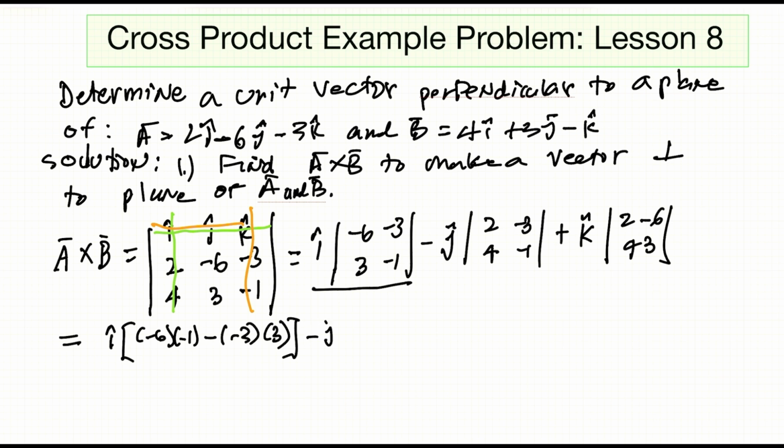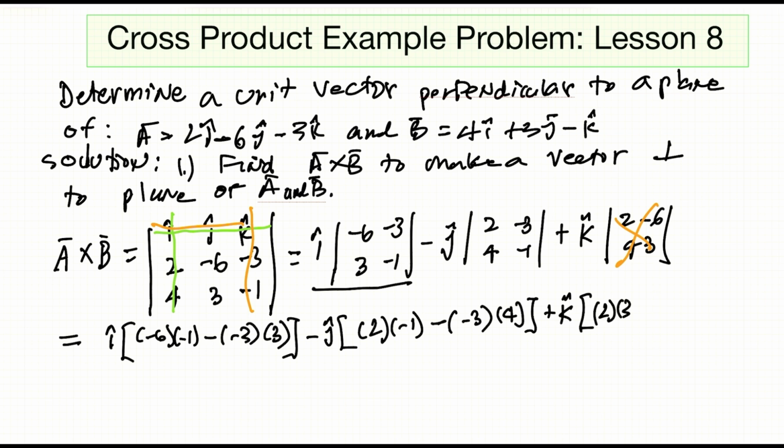We've got minus j times 2 times minus 1 minus 3 times 4. And then finally the k, expanding this one out. And all we're doing there is a cross multiplication. So we're going to get 2 times 3 minus 4 times minus 6.